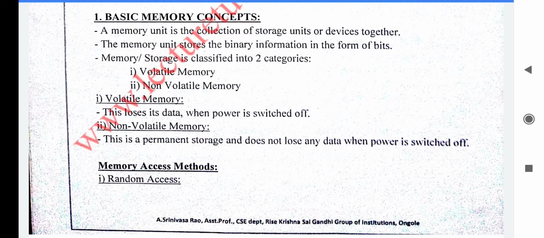Once again, volatile memory means whenever the power is turned off, we lose the content. But non-volatile memory is permanent memory. There is no way to lose the data when the power is turned on and off.